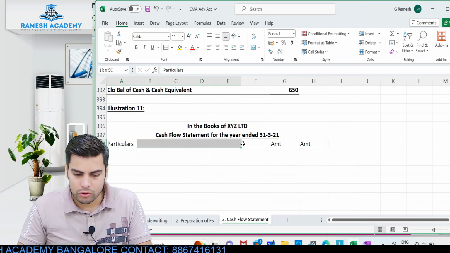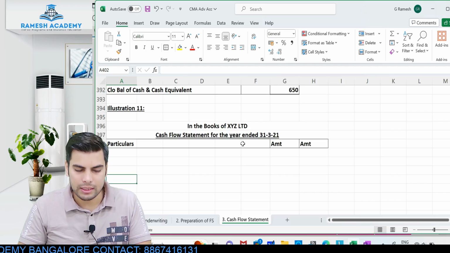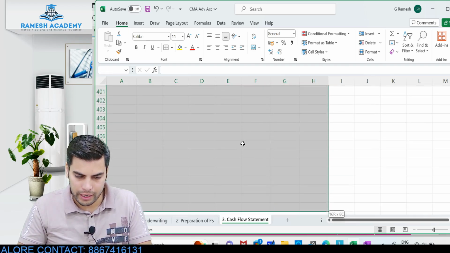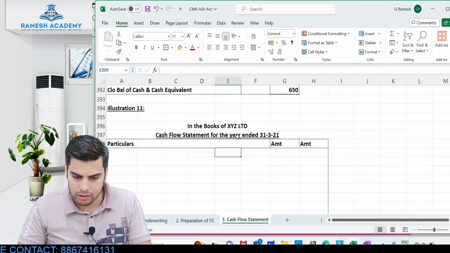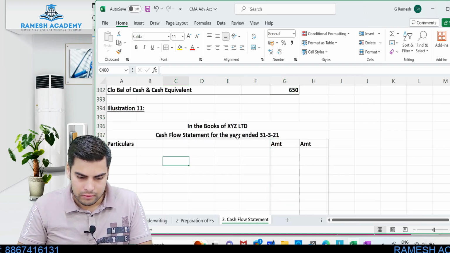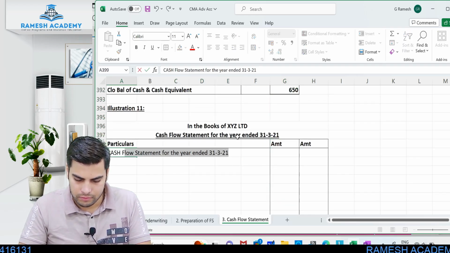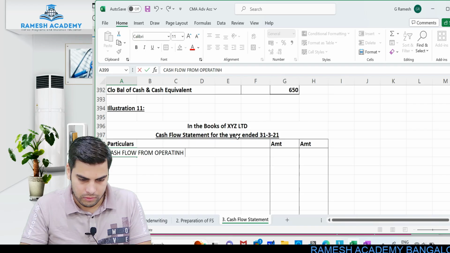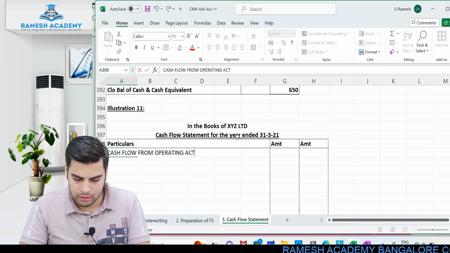They're not asking us to prepare the full-fledged cash flow statement. They're just asking us to find out how much exactly is the cash flow from operating activities. So I will just be calculating only that much. Cash flow from operating activities.